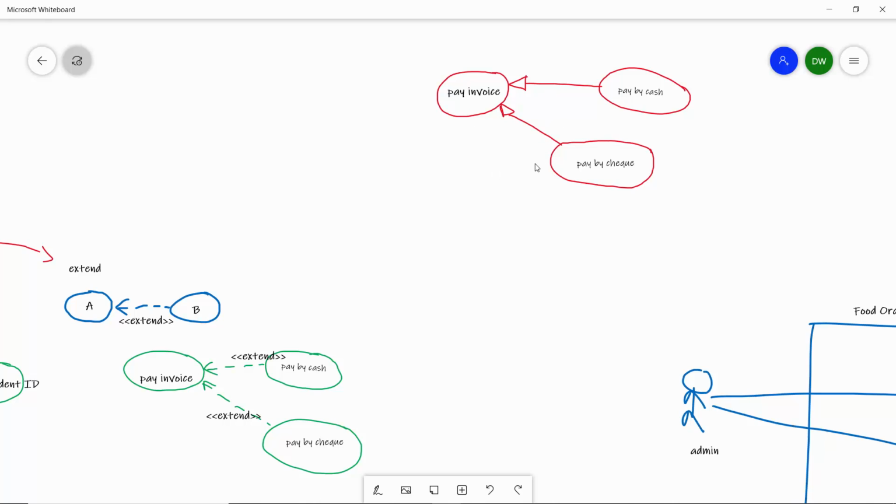This generalization means that we can pay invoice using either pay by cash or pay by check. But when it comes to this extend relationship, it describes that this pay invoice task could be done even without pay by cash or pay by check.